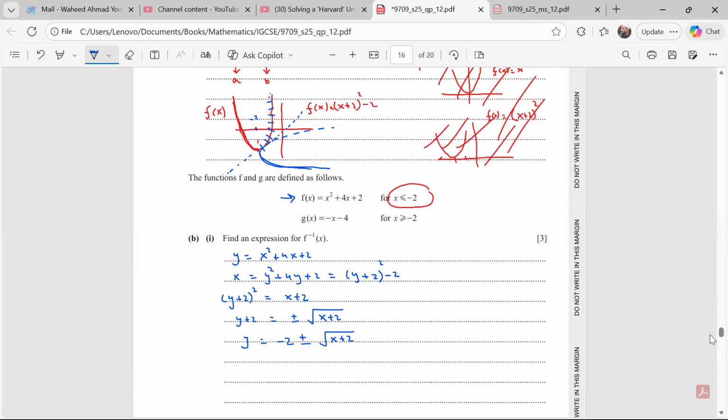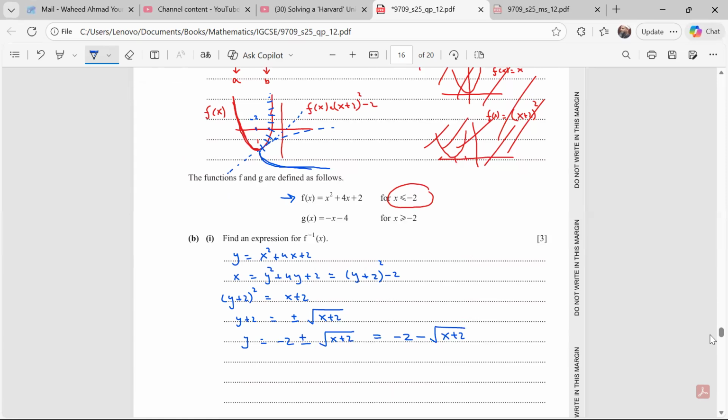So you can see that it is negative. My answer is going to be negative 2, minus the square root of x plus 2. I hope I'm making it clear and not confusing you about why I'm choosing not the positive value, but the negative value only. So this will be my inverse function.